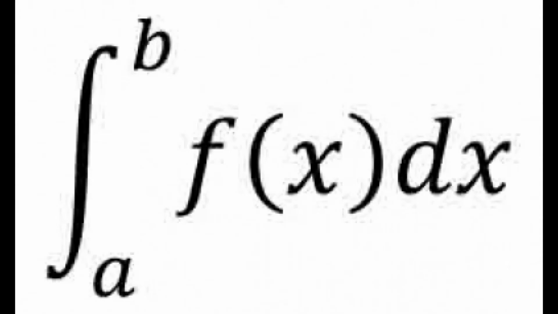And the other type is definite integral, which has an upper limit and a lower limit, but we are not up to that part yet, so we will talk about this later, maybe in the next video. And today we are going to be focusing on the indefinite integral.